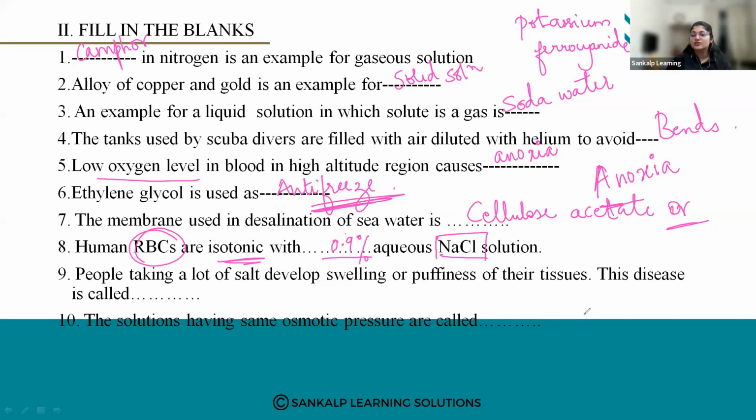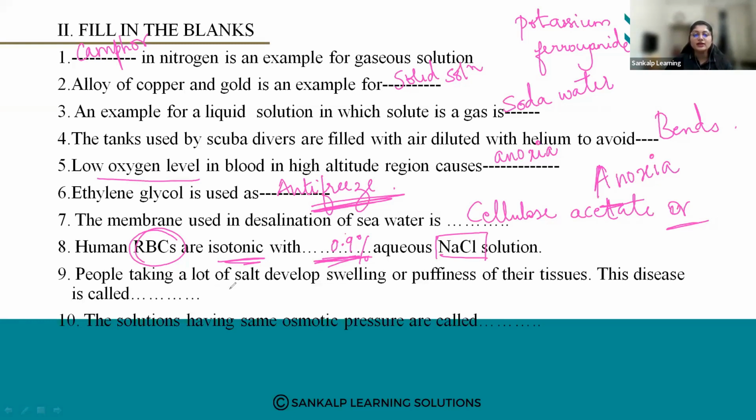Neither should it shrink nor swell. So if you replace this with an NaCl solution of concentration less than 0.9%, what will happen? Either the red blood cell will swell or it will burst. So this concentration should be maintained. It is 0.9%. Okay. Next question.